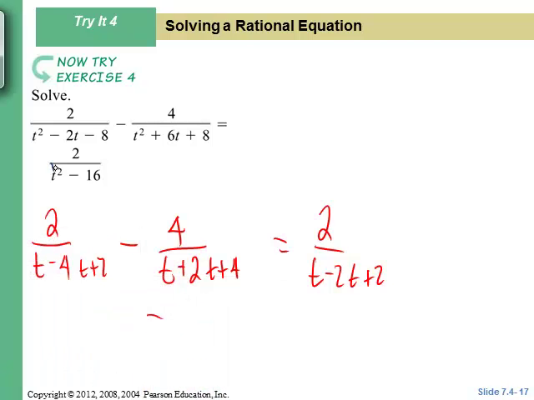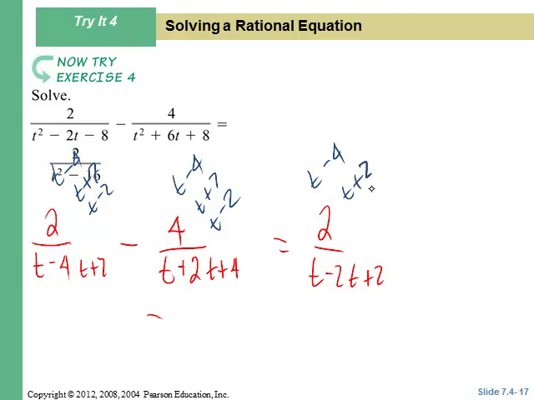Multiply everything by t minus 4, t plus 2, t minus 2. Okay, this cancels, and so we're left with 2 times t minus 2. This cancels.